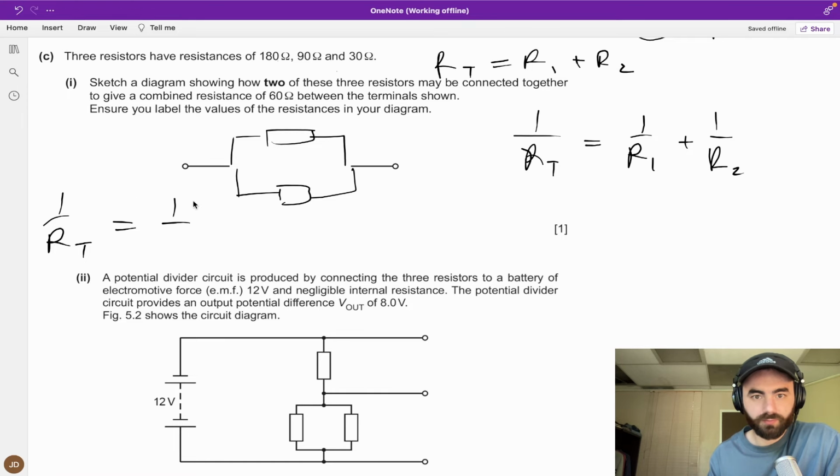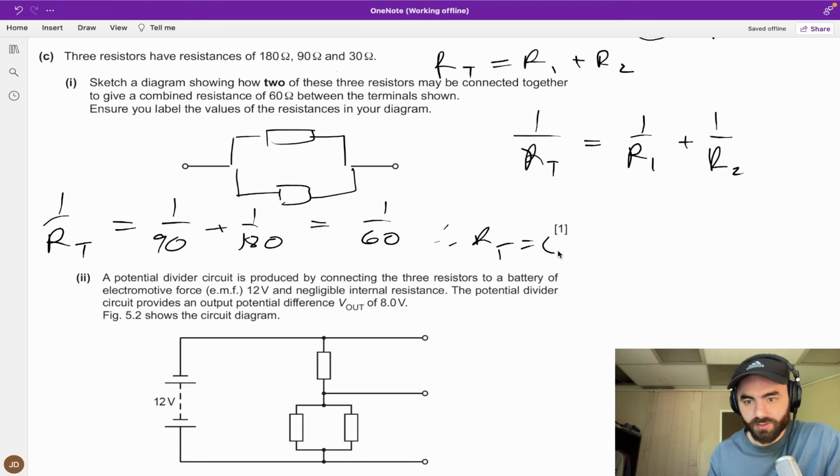It is 1 over 90 plus 1 over 180. This gives us 1 over 60, so therefore RT will be 60 ohms. So if we put these 2, a 90 ohm and a 180 ohm, in parallel like this, the total resistance, if we were to combine it into one resistor, will be 60.